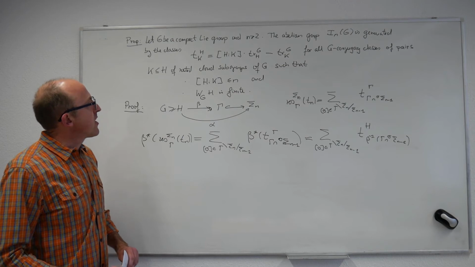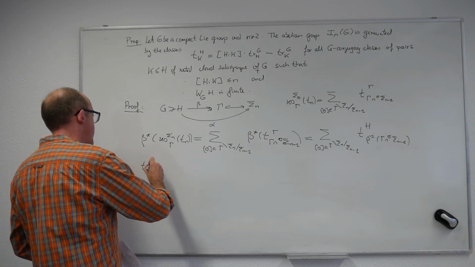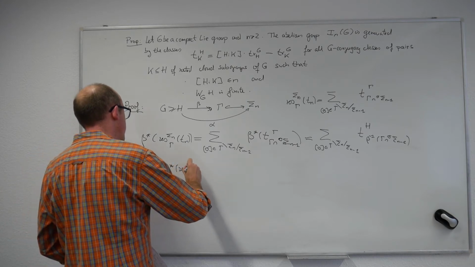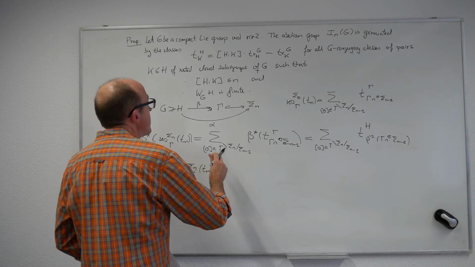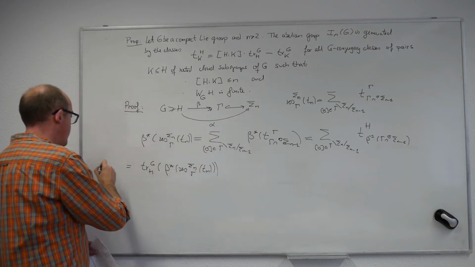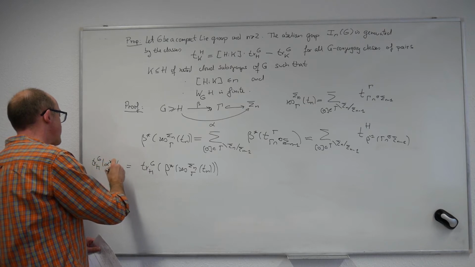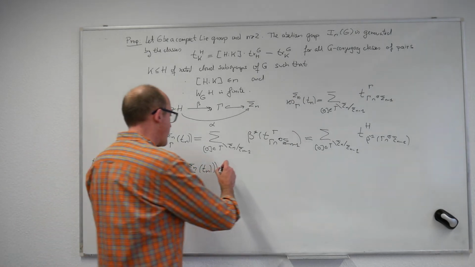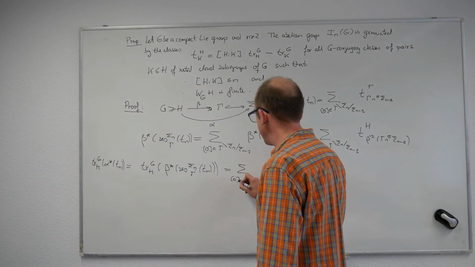Now I will apply the transfer from H to G. So transfer from H to G of beta upper star of the restriction from sigma n to gamma of Tn. And because beta composed with inclusion is alpha, this is the same as the transfer H to G of alpha upper star of Tn. Transfer is additive, so I get a sum again over double coset representatives.